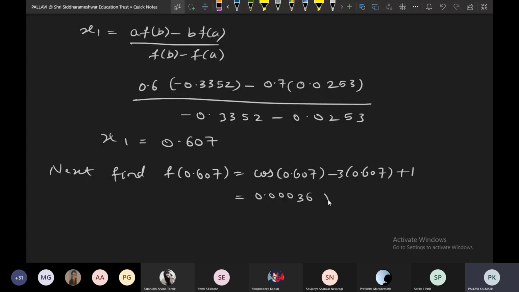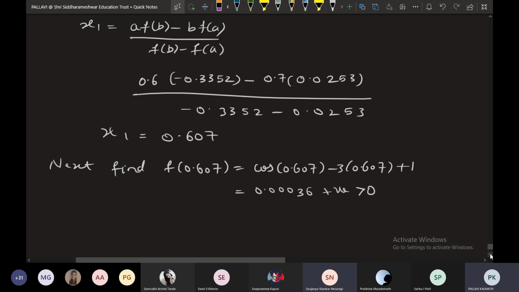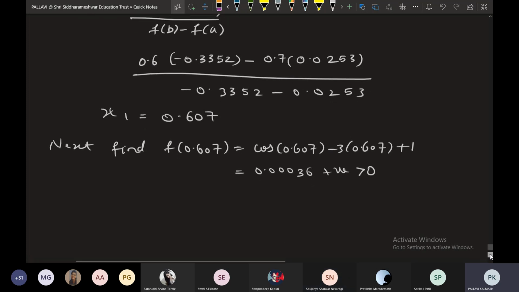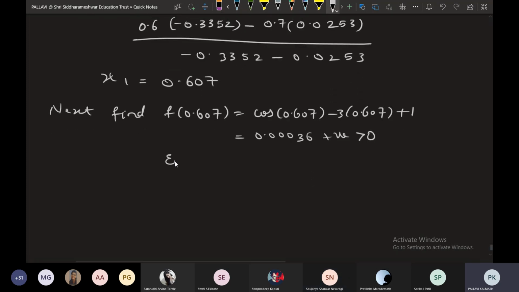Then where you have got negative, for what value of x? 0.6 or 0.7? It is 0.7, no?